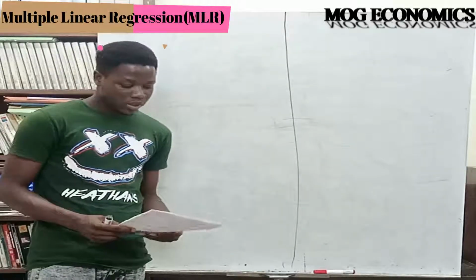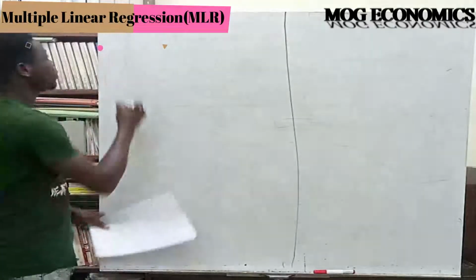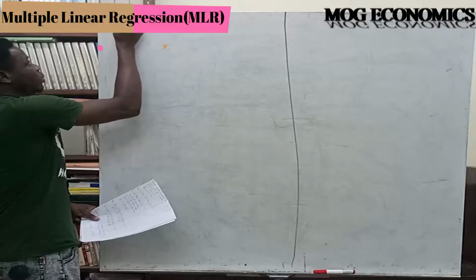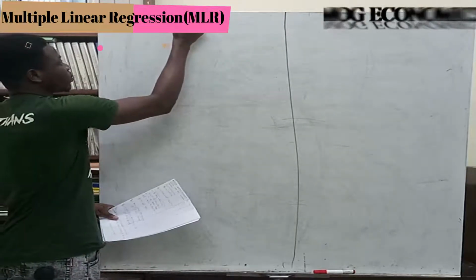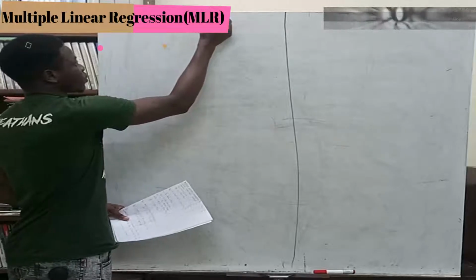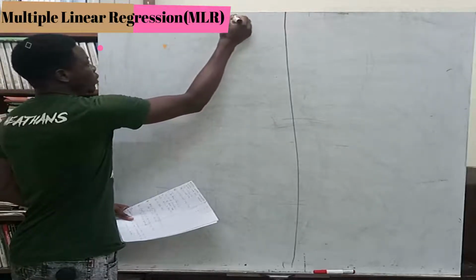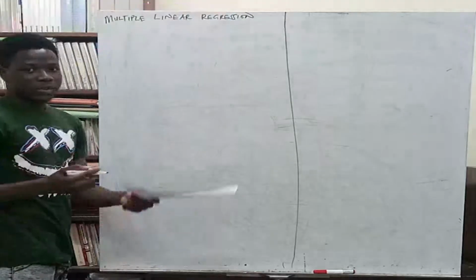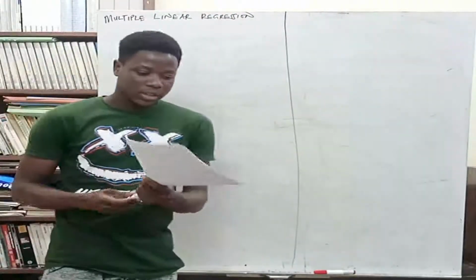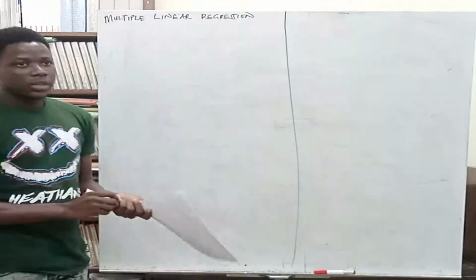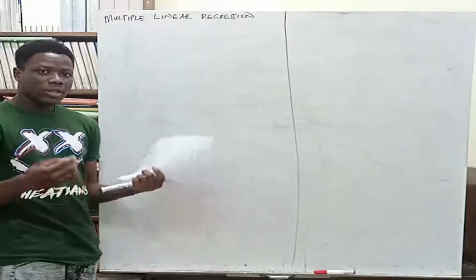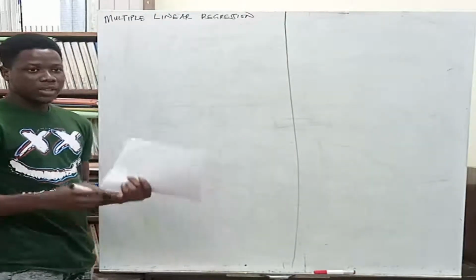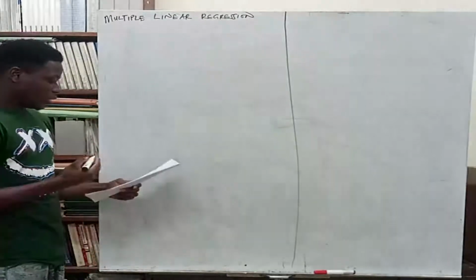Today we'll be discussing the multiple linear regression. In one of the videos we made earlier, we discussed the simple linear regression, where we have just one independent variable and a dependent variable.